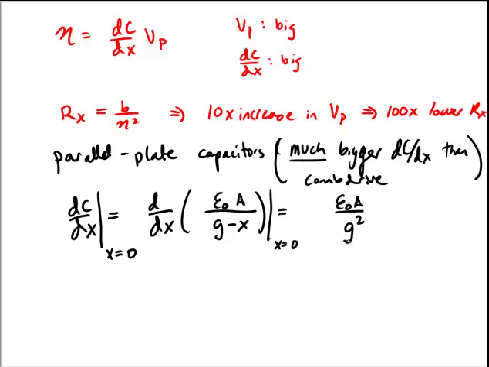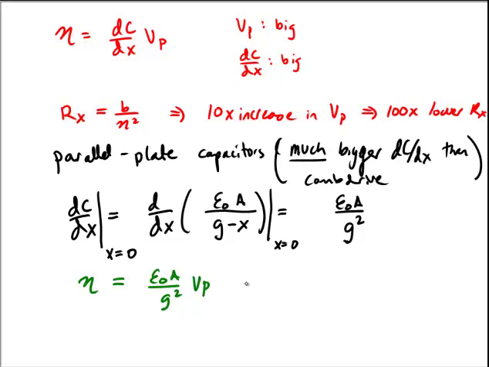So eta is inversely proportional to g squared. Basically, eta for this parallel plate capacitor is epsilon naught A over g squared times the polarization voltage Vp.